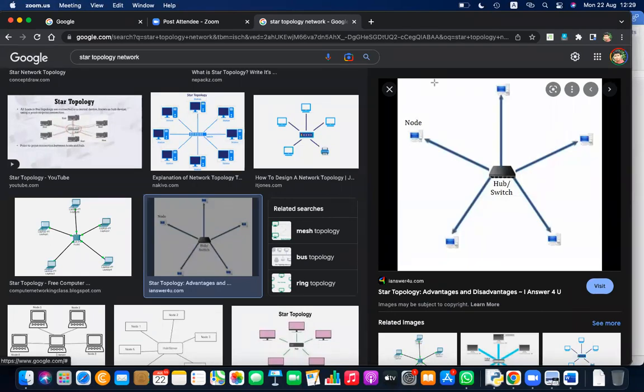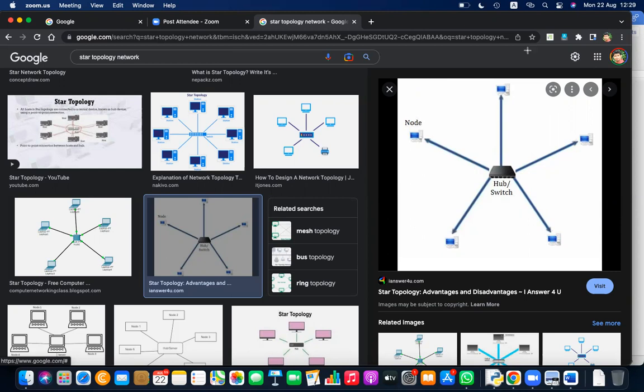Anything else? So there is no interruption in networks. Like in ring topology, there won't be a time delay to transfer data.